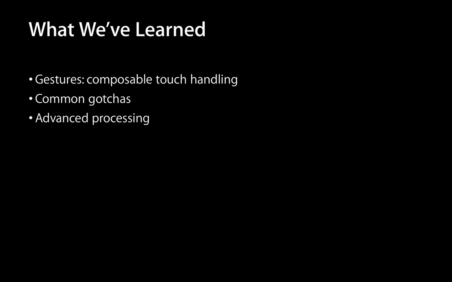We covered some advanced processing issues, and I hope that the discussions of low-pass filters and the quadratic Bezier curves will be inspirational not just for the material we've covered today, because there's all kinds of fantastic stuff that you can do with these touch samples we give you. You know, we've given you this UI gesture recognizer system, and we've given you these UI touches that have locations. But it doesn't mean that everything that you do with touches and gestures has to start with UI. You can do math.